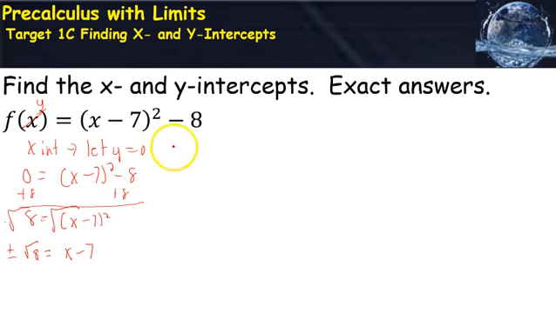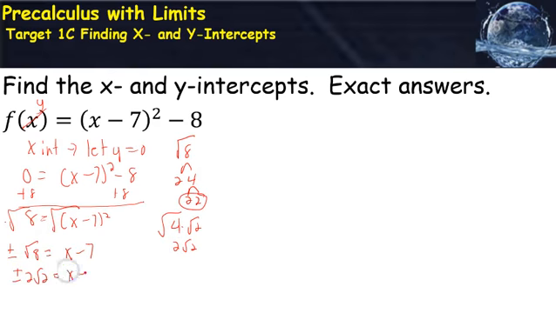Now that square root of 8 needs some extra work. So the square root of 8 is 2 times 4, and 4 is 2 times 2. So this looks like root 4 times root 2, which is 2 root 2. So the square root of 8 is plus or minus 2 root 2, and that equals x minus 7.